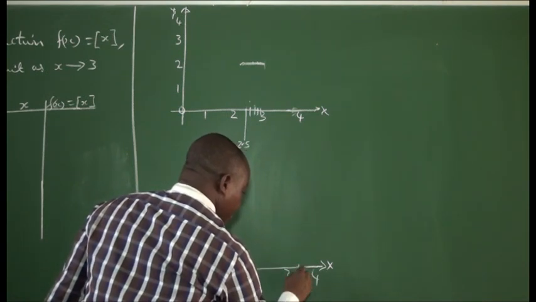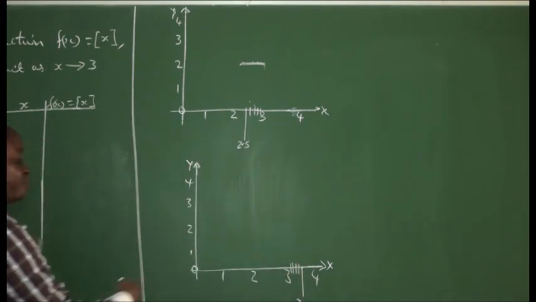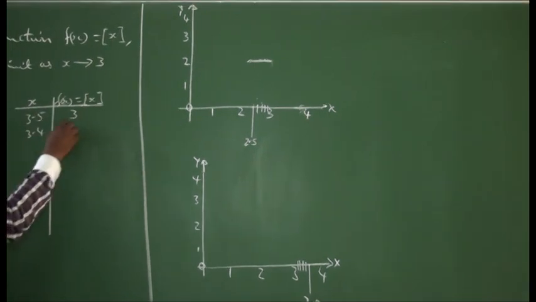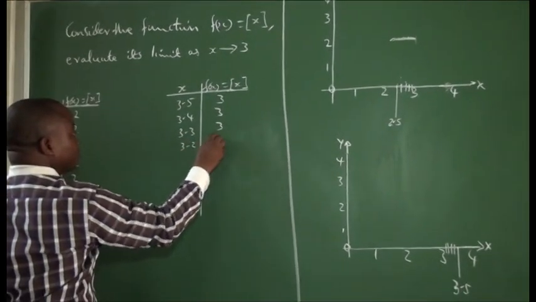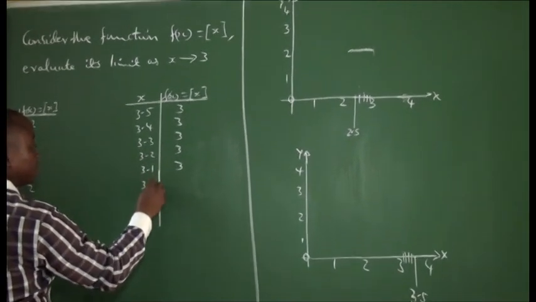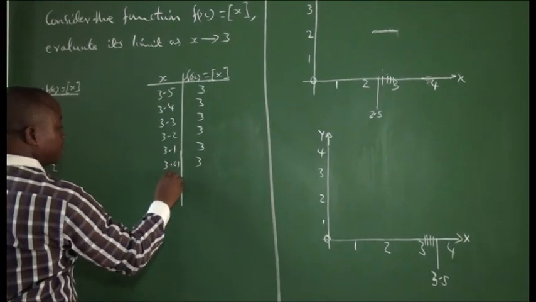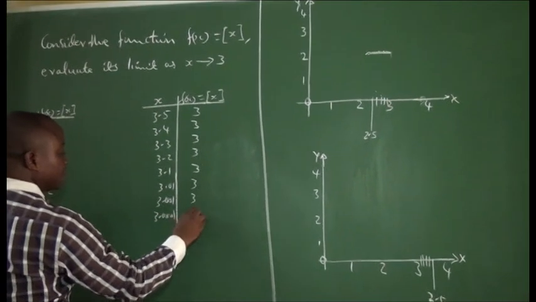The next ones are 3.4, 3.3, 3.2, 3.1, 3.01, very close to 3. 3.5 gives us 3, 3.4 gives 3, 3.3 gives 3, 3.2 gives 3, 3.1 gives 3, 3.01 gives us 3, 3.001 gives us 3, 3.0001 still gives us 3.